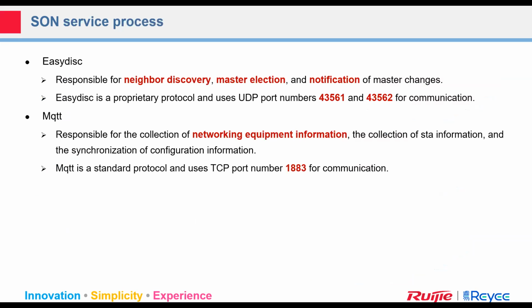So in SON, there are two service processes. One is Easy Discovery. Easy Discovery is responsible for network discovery, master election, and notification. It uses a proprietary protocol, UDP port numbers 43561 and 43562, for communication.